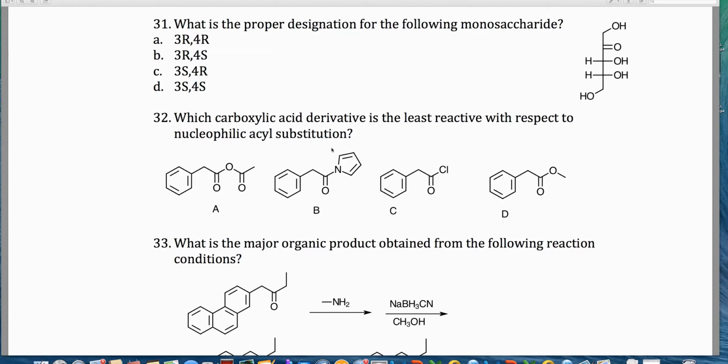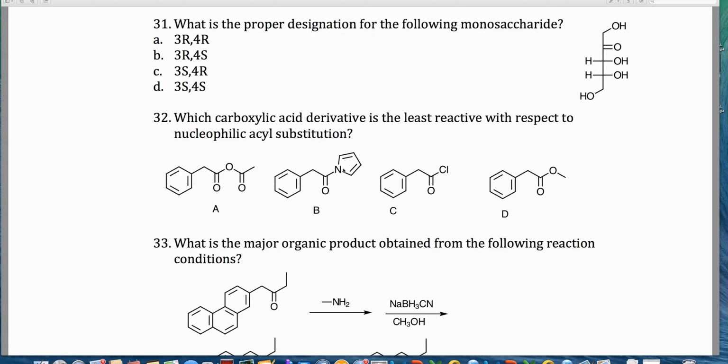Moving on to number 32, we want to find the carboxylic acid derivative that is the least reactive. This is a nice question that if you go on autopilot, you can pick the wrong answer. Because if you normally think that an amide is going to be the least reactive, it usually is.